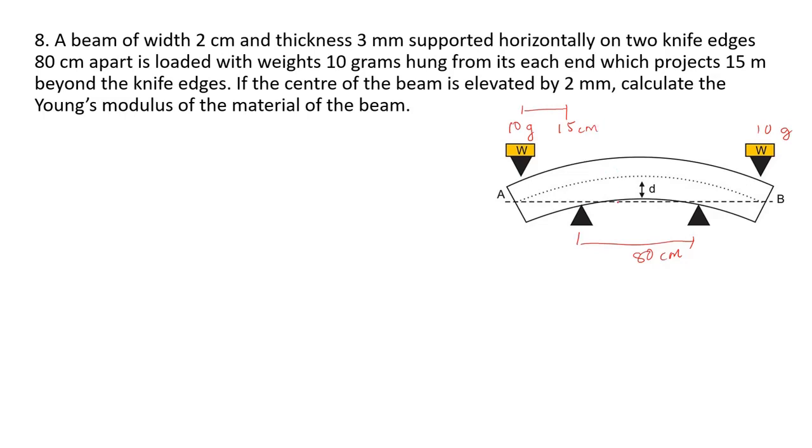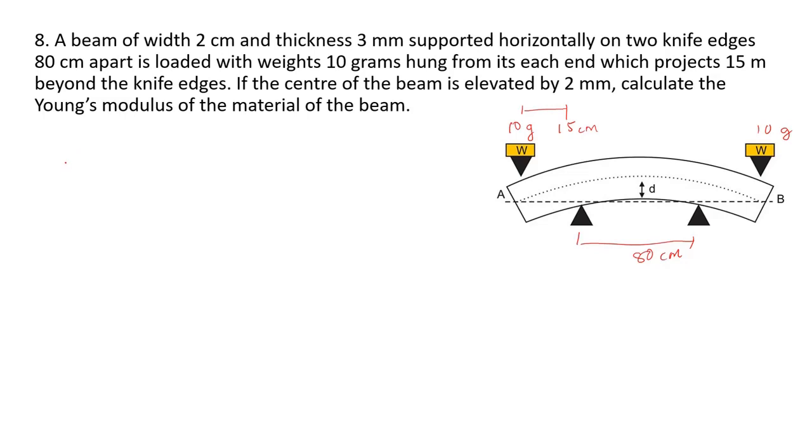If the center of the beam is elevated by 2 millimeter, calculate the Young's modulus of the material of the beam. Now, we are given the elevation, so we need to calculate the Young's modulus.